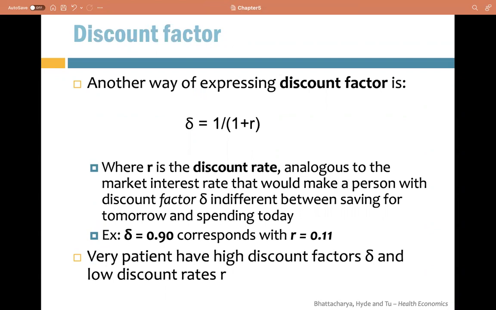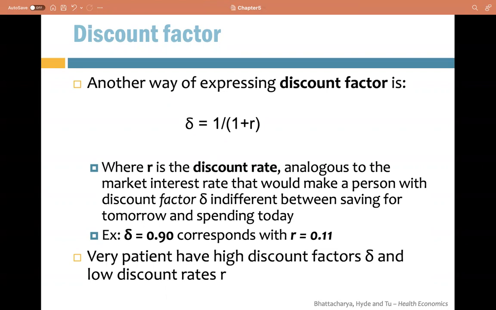So delta equals 1 over 1 plus r. Here we have another term called the discount rate. I would like to point out that discount rate and discount factor are just two sides of one coin. They measure the same thing, which is how patient a person is. But when we're doing a calculation, they look different, so it's important to realize that.